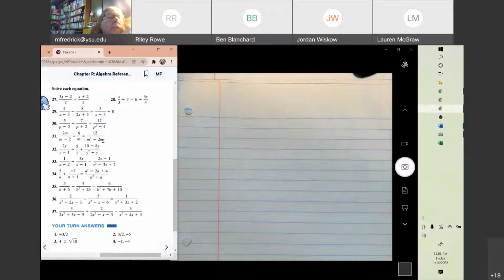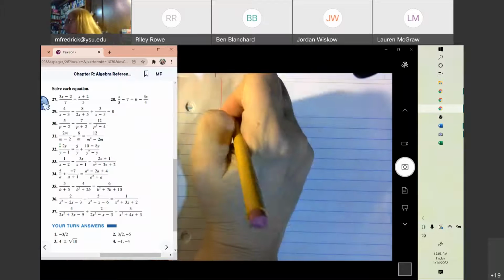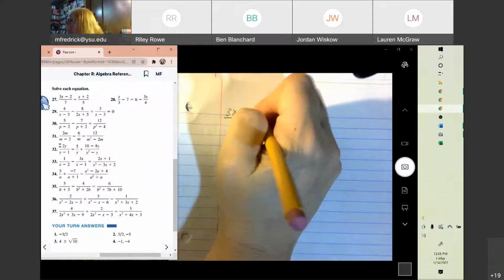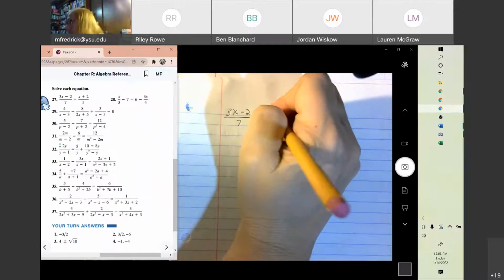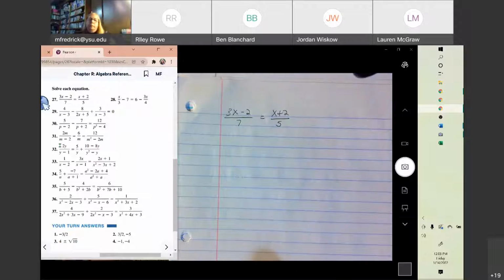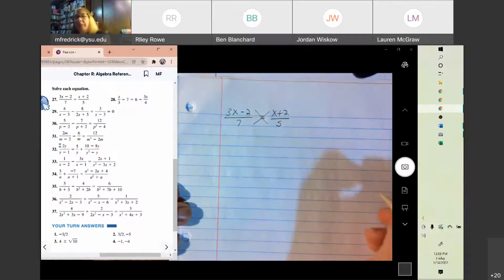We'll do two. If you look at number 27, when there's only one fraction on each side and you're going to solve it, you can just cross multiply. So if we had 3x minus 2 over 7 equal to x plus 2 over 5, so one fraction on each side, you can cross multiply.